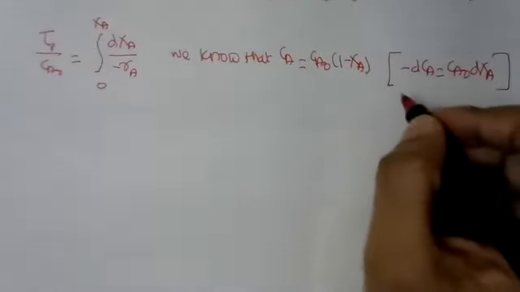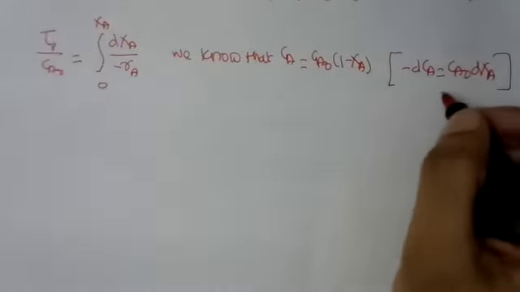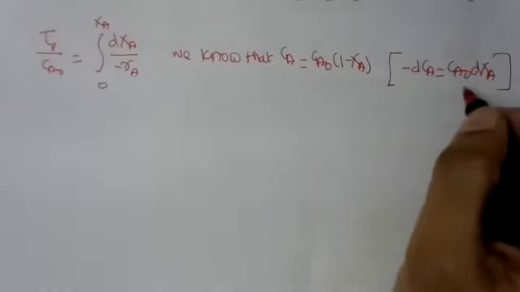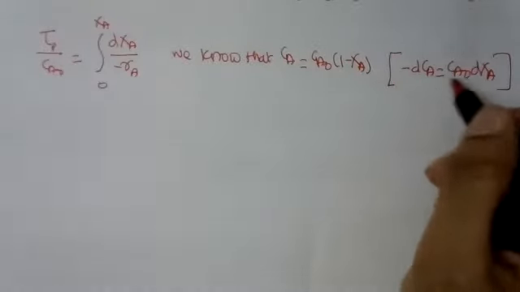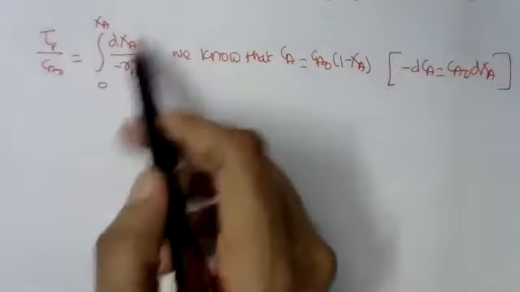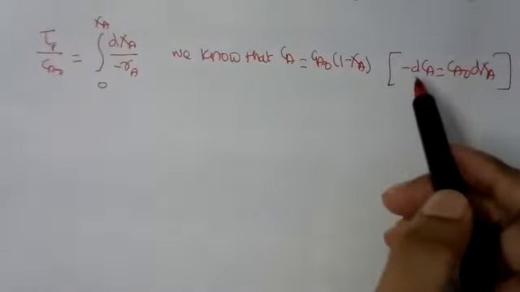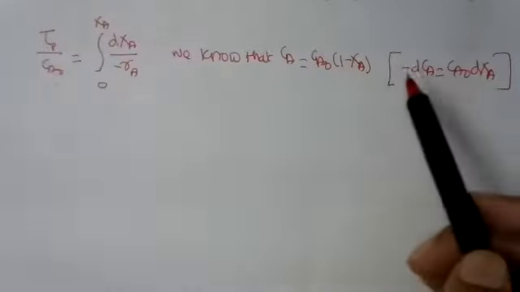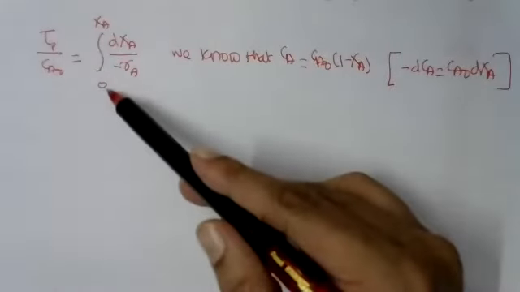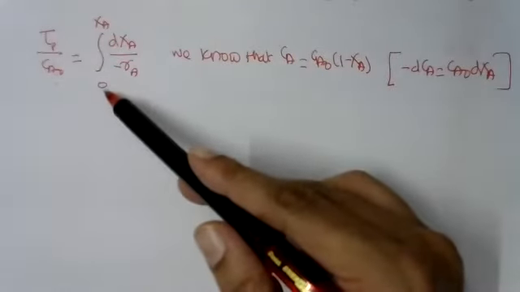Now we have seen it earlier when we were deriving the performance equation for batch reactor, and therefore in place of CA0 dXA I will substitute minus dCA, and I will change the limit accordingly. Initial conversion is 0, but initial concentration is CA0.